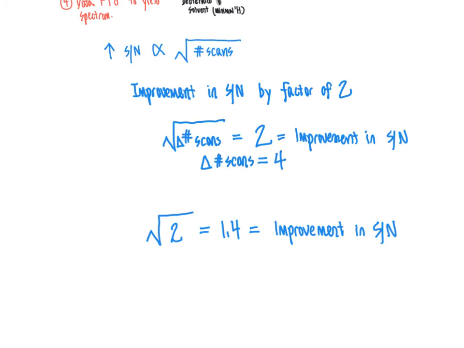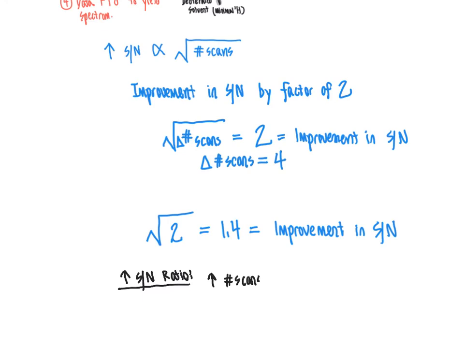So that's another way to go about optimizing an NMR experiment, is to increase the number of scans. That leaves us with the bottom line here, in practical terms, of improving the signal-to-noise ratio, which is a common thing that one needs to do, particularly when looking at biomolecules where we have very limited quantities of substance: increase the number of scans.